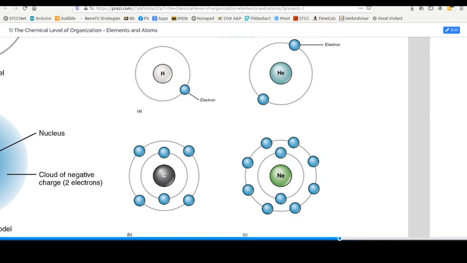So if we go beyond neon, which has 10 protons and 10 electrons, and we wanted to consider an element that had more protons, the next one along with 11 protons would be sodium.